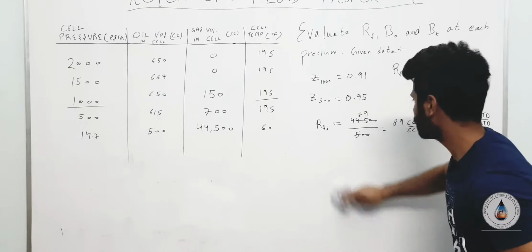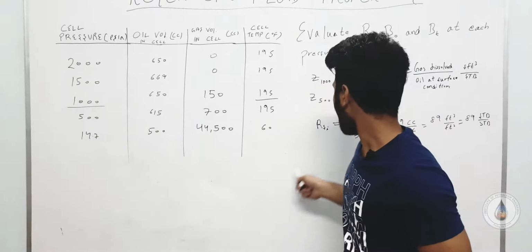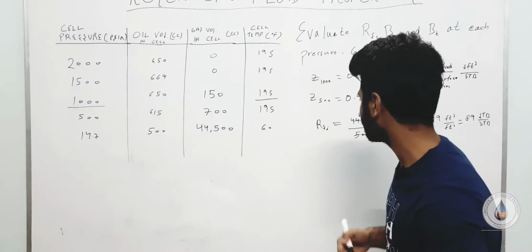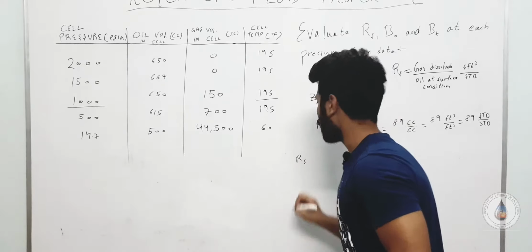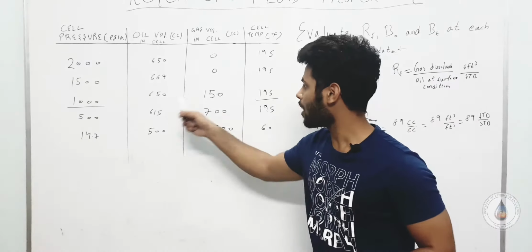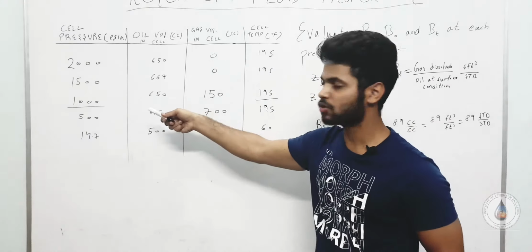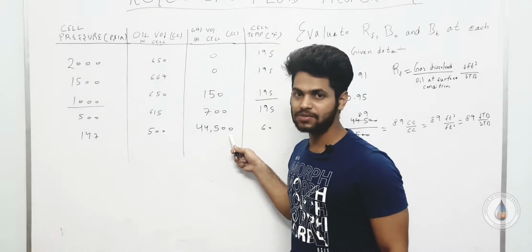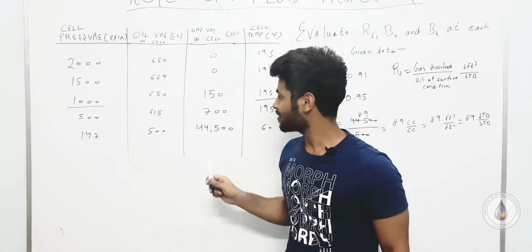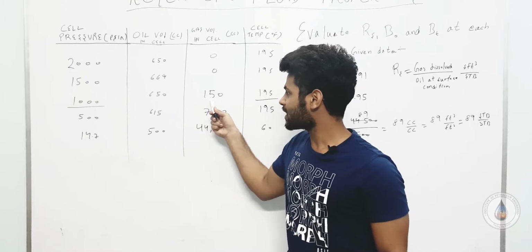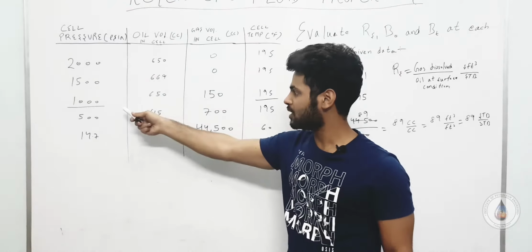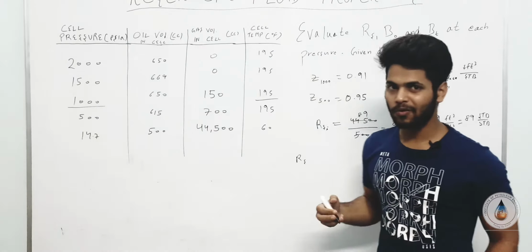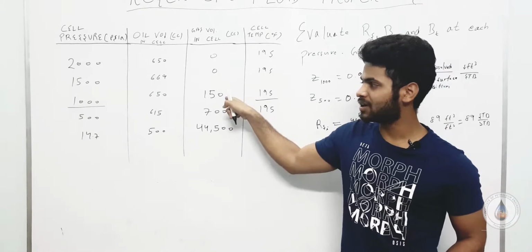But now when I have to calculate my Rs value, that is gas solubility value, at my 1000 psia, it will be how much is the amount of gas dissolved at this particular value. So the total amount of released gas is 44,500 cc, and the amount of gas that has been released from my cell at this particular pressure is 150 cc. How much will be the amount of gas that is dissolved at this particular value?